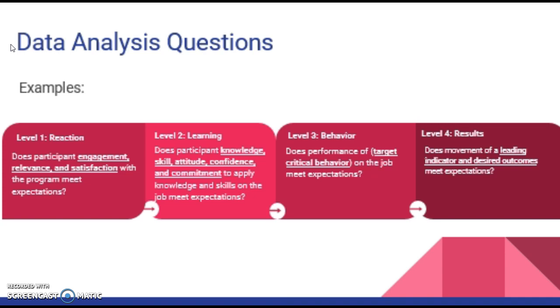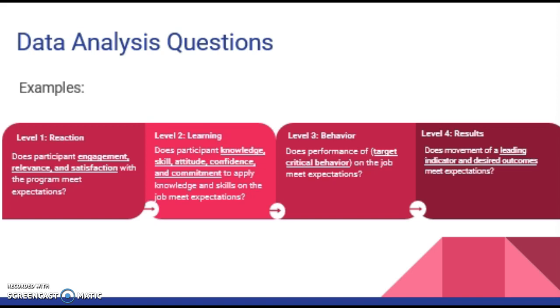There are 4 different levels as you go through with your data analysis. The first level is reaction. Some key example questions that you might be asking during level 1 would be something like, does the participant engagement during the program meet expectations?